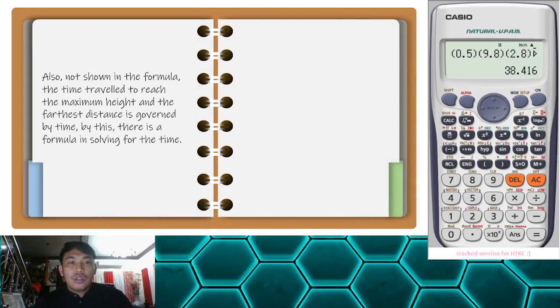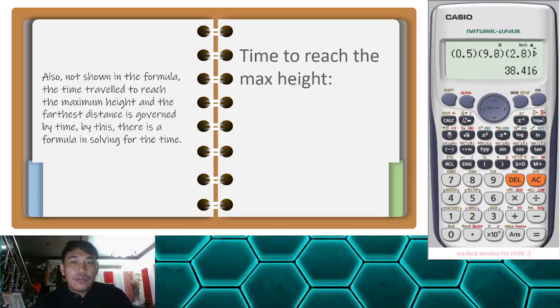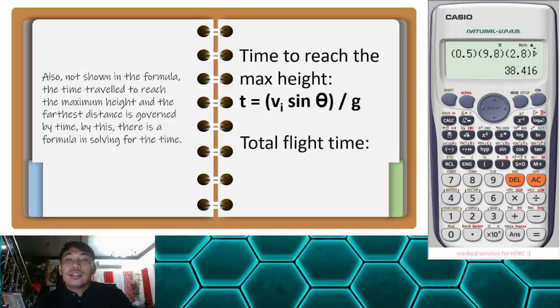Okay, so not shown in the formula is the time. Time is not shown in our formula, and still it is also part of our components. So we have a formula for time, which is the time to reach the maximum height, which is t equals Vi sine theta all over gravity, and the total flight time T is equivalent to 2 quantity Vi sine theta all over g.